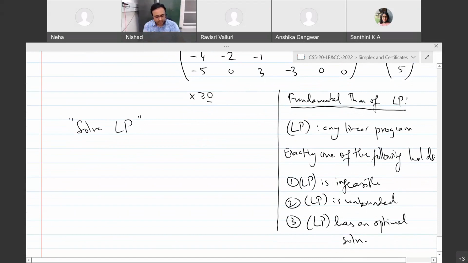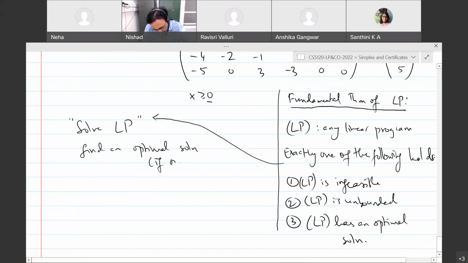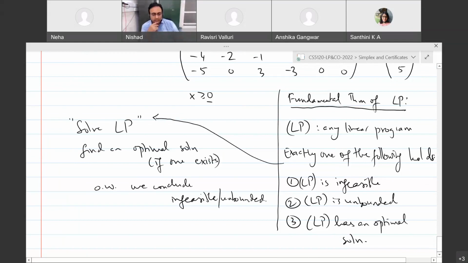So when we say solving a linear program, what we mean is either we find an optimal solution if one exists. Otherwise, we conclude that the linear program is either infeasible or unbounded, whatever the case may be. So this is what we want to do next. We want to solve linear programs.